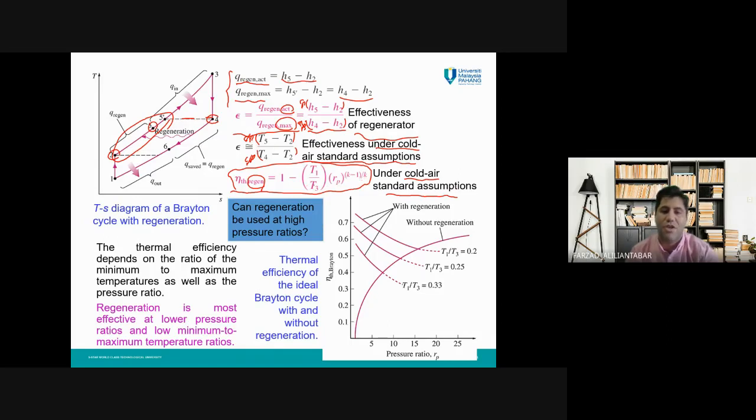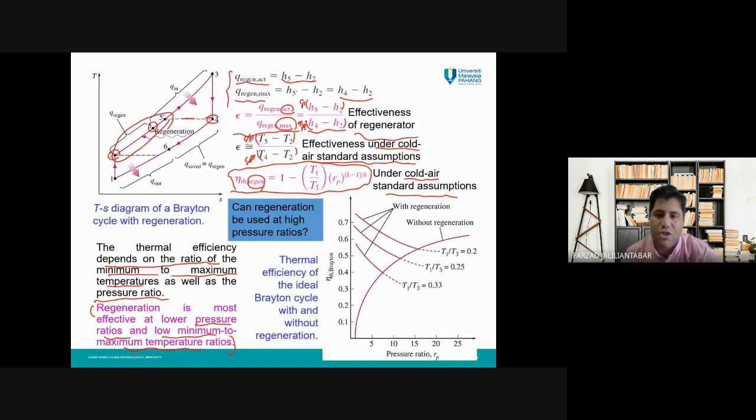So you can see the thermal efficiency of the Brayton cycle with regenerator depends on the ratio of the minimum to maximum temperature and also the pressure ratio. The regeneration is most effective at lower pressure ratio and low minimum to maximum temperature ratio. This conclusion comes from this equation.